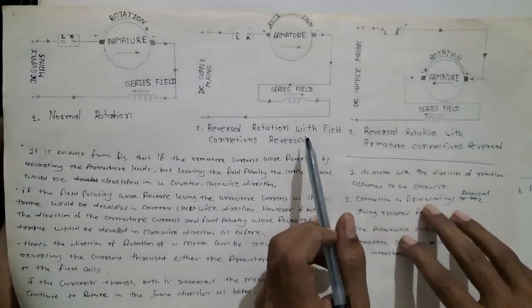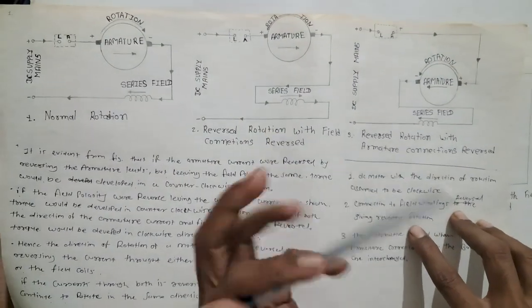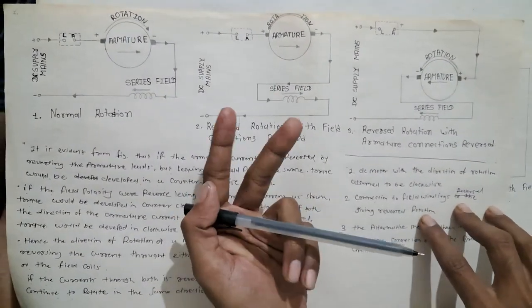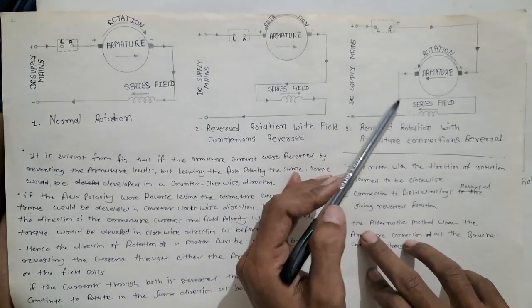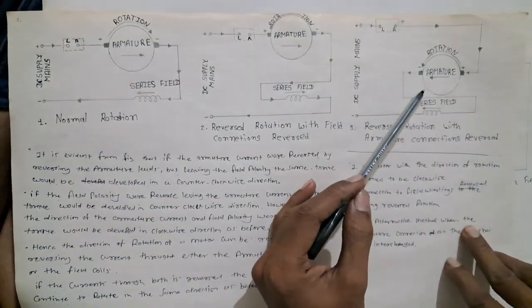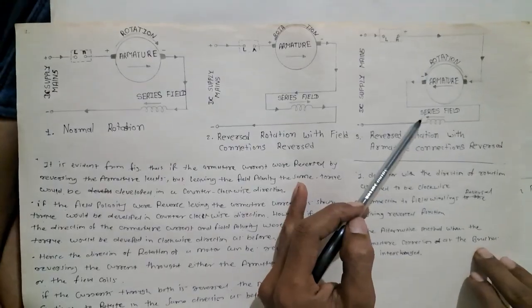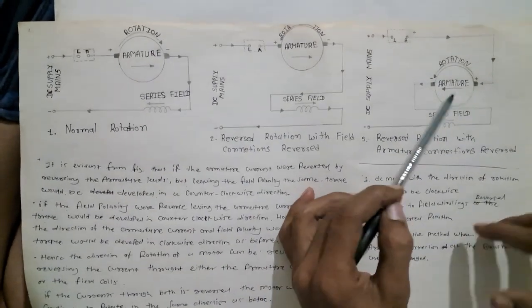The second figure shows the connection to the field winding reversed, giving reverse rotation. And the third shows the alternative method, when the armature connections at the brushes are interchanged.